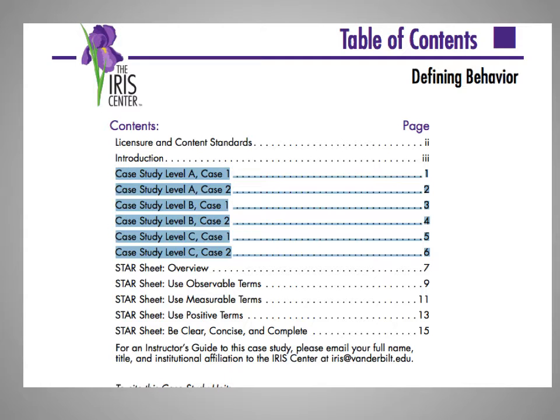And as highlighted, you will see 6 case studies, 1, 2, 3, 4, 5, 6. There are 2 case studies for each level, 2 for level A, 2 for level B, 2 for level C. You will pick 1 case study for each level, 1 for A, 1 for B, 1 for C, and then you will complete the assignment.